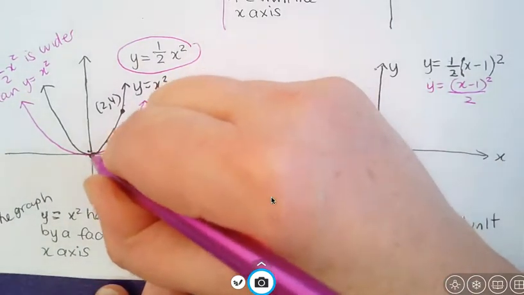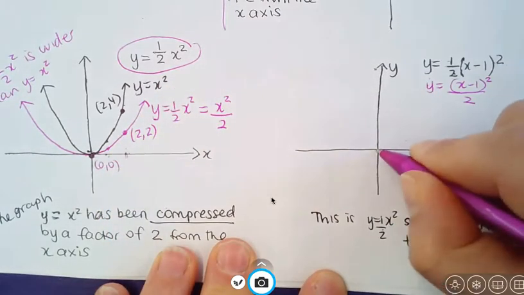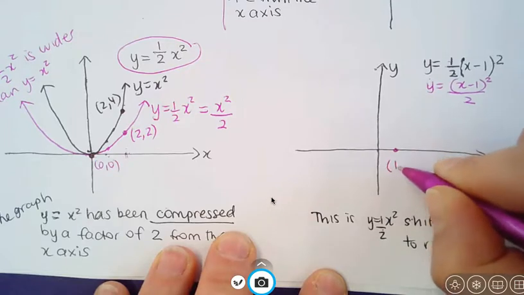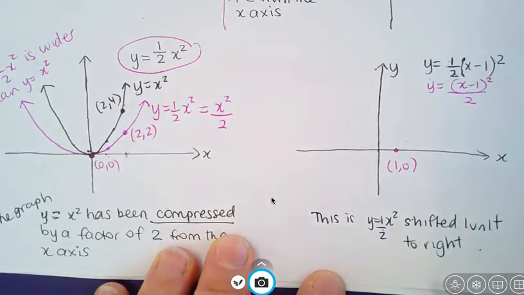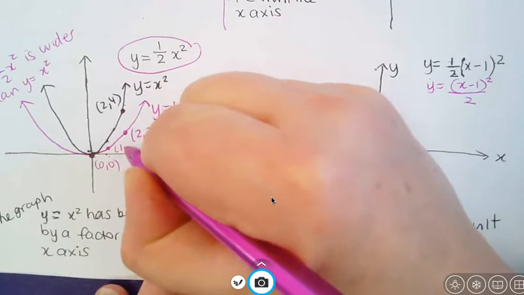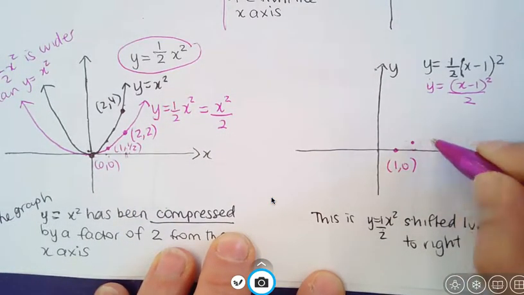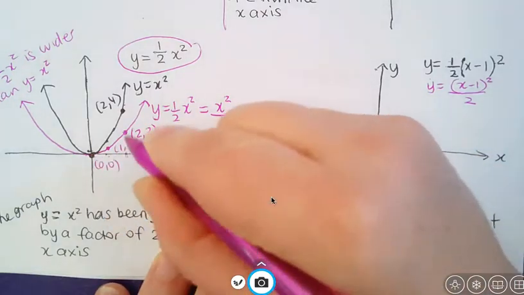So instead of 0, 0, what have I got? The vertex is at 1, 0. This other point was 1, a half. So you're going to have 2, a half. And the other point was 2, 2.